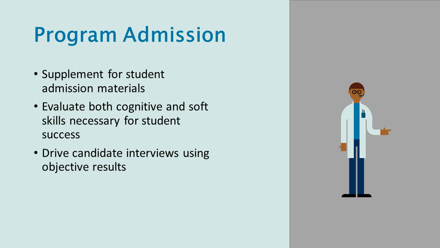And while reference letters from faculty members or internship supervisors may testify to the student's strength of character, the WPI also provides this information in reference to a student's likelihood for success. And certainly factors like GPA and PCAT scores are valuable tools for understanding the ability of a student. The Workplace Personality Inventory really supplements this information by measuring additional characteristics that also impact student success.